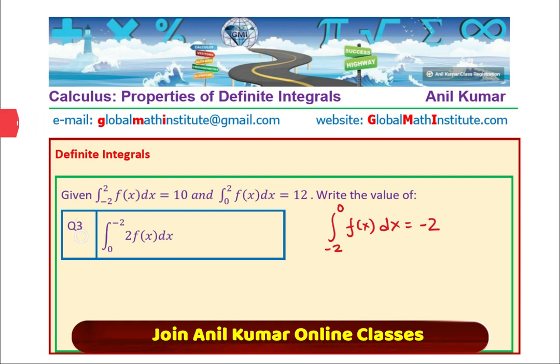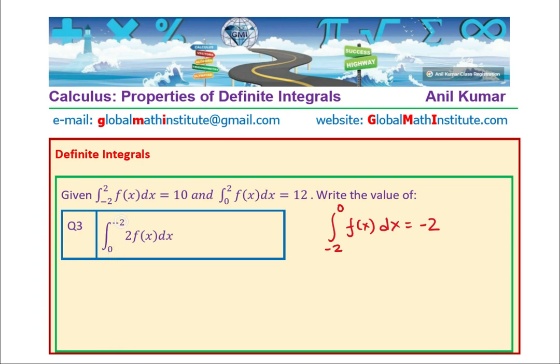Question number 3 here is the integral from 0 to -2 of 2 times f of x dx. Let's see how to figure this out. The integral from 0 to -2 of 2 times f of x dx is equal to 2 times the integral from 0 to -2 of f of x dx, correct?